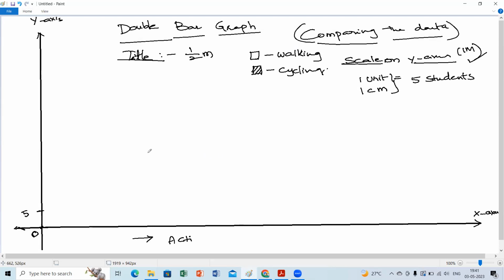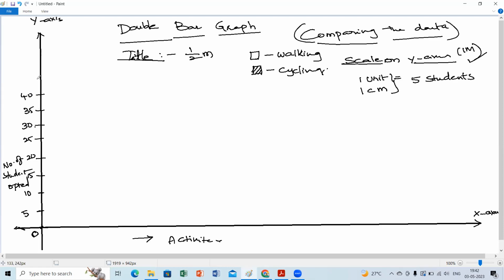Now, once it is done, you have to go with activities on the x-axis and the number of students on the y-axis. Yes, ma'am. Number of students who opted. Okay, we are taking 1 unit equal to 5 students. So 5 plus 5, 10, 10 plus 5, 15, 20, 25, 30, 35, 40.